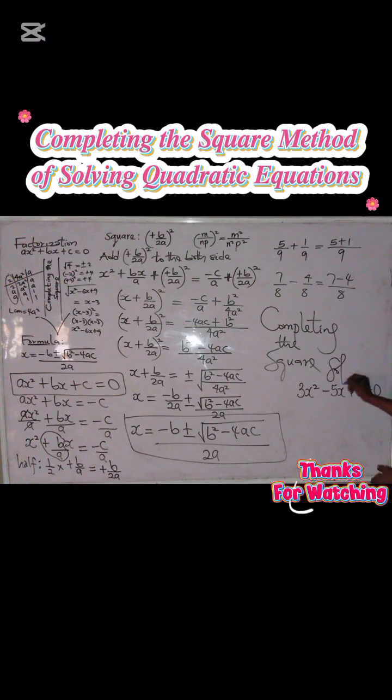We have to solve this using the completing the square method. So you can check up on the next video, where we'll be using the completing the square method to solve this. Thank you.